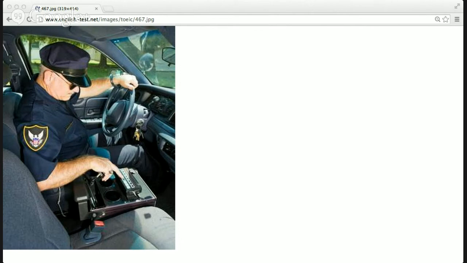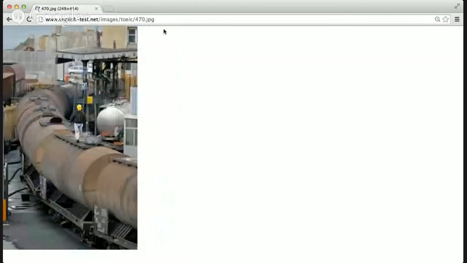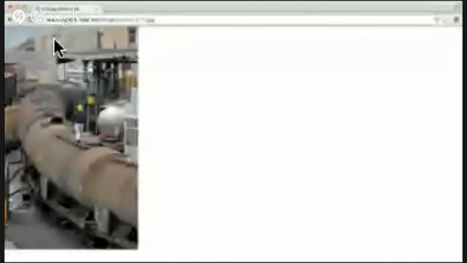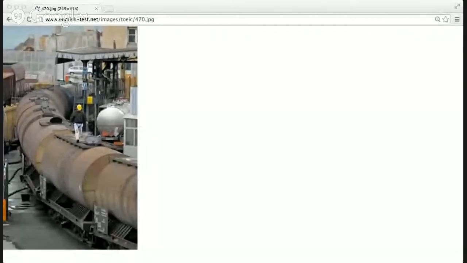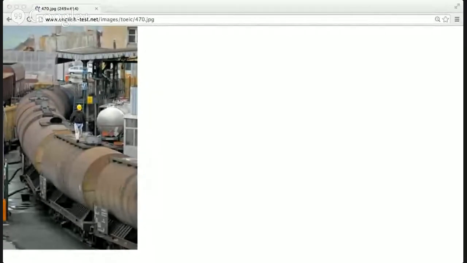Okay, let's go to our next picture. This is for Amparo. All right, Amparo, what do you see in this picture? What's going on? It's a big pipe, probably transporting oil or something. There is an engineer on the top of the pipe. He's walking, maybe supervising the works.